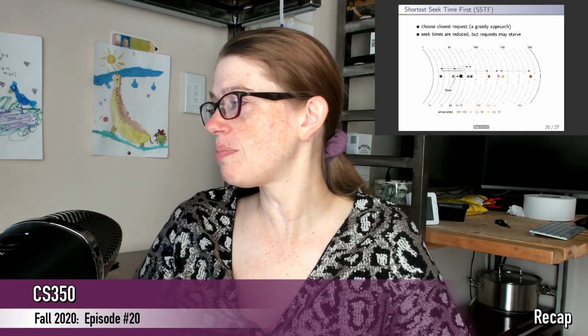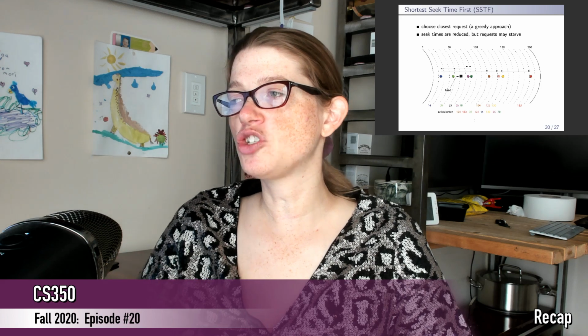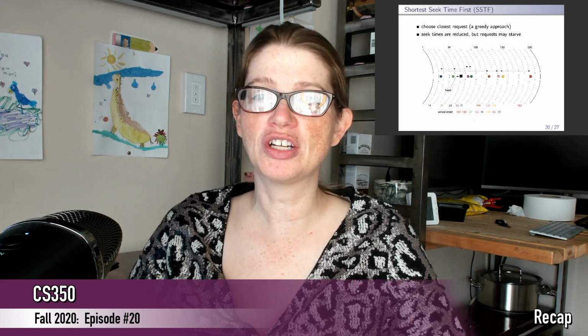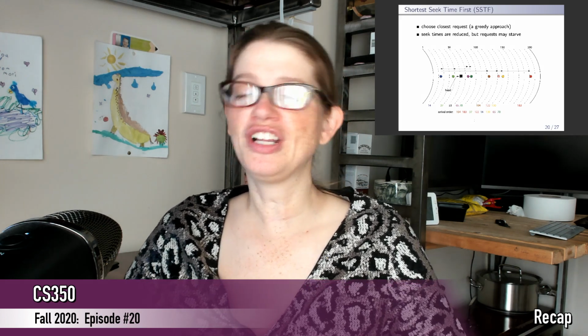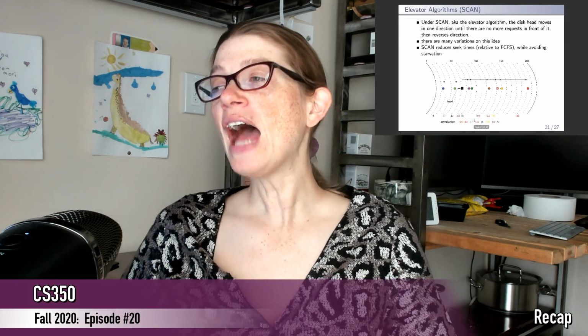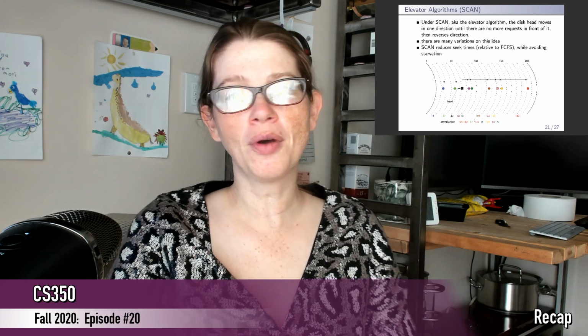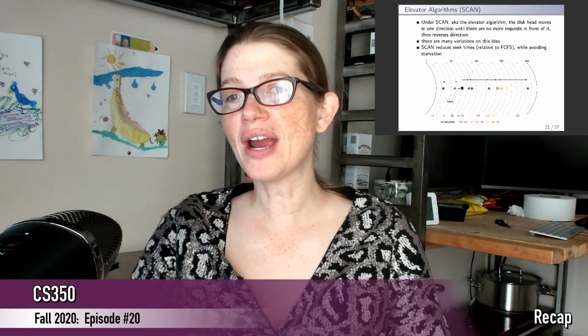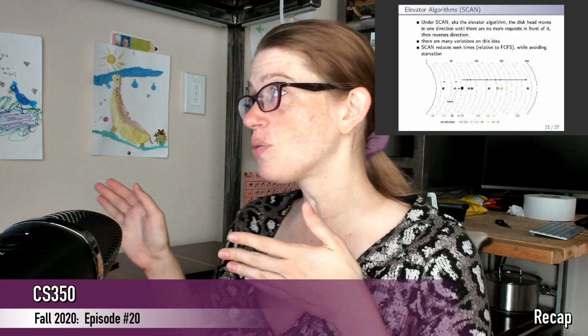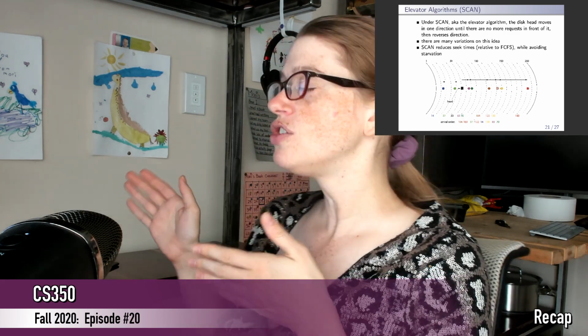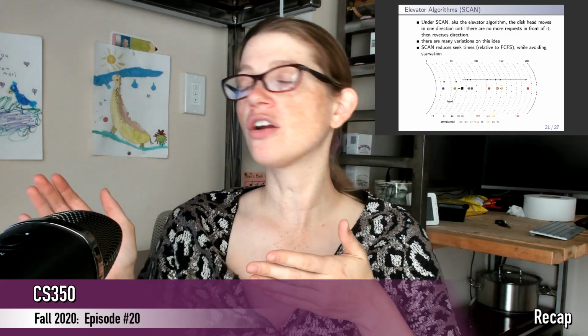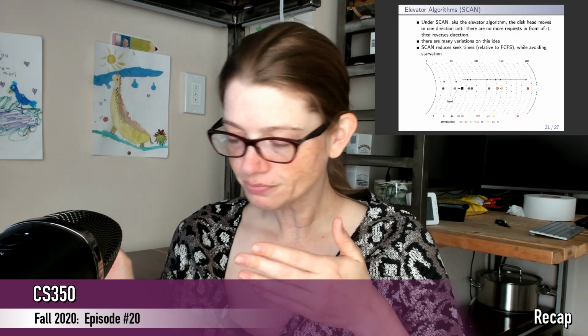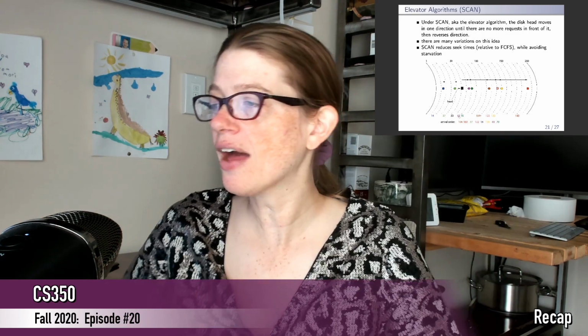For example, we could do first come, first served, which we talked about, or shortest seek time first, which is very much like shortest job first, but unfortunately, like shortest job first, it also has starvation problems. And then we looked at the elevator algorithm, where we pick a direction, travel in that direction until we get to the end, and then turn around and come back.